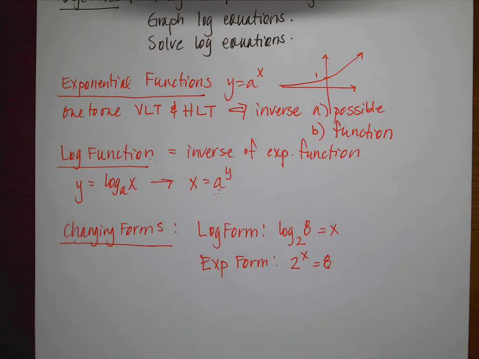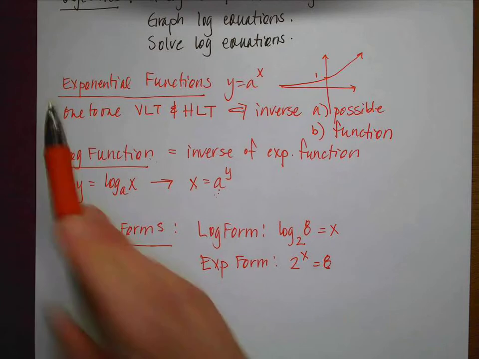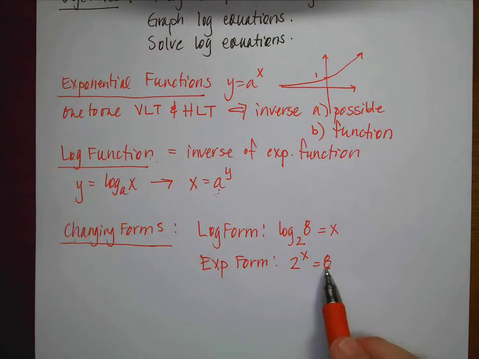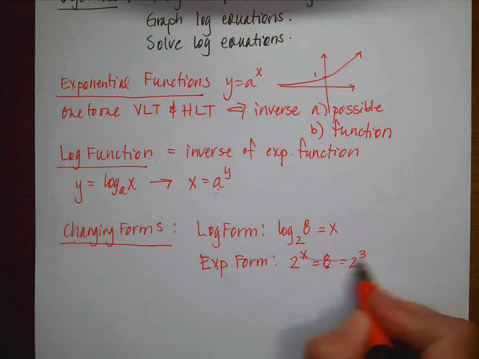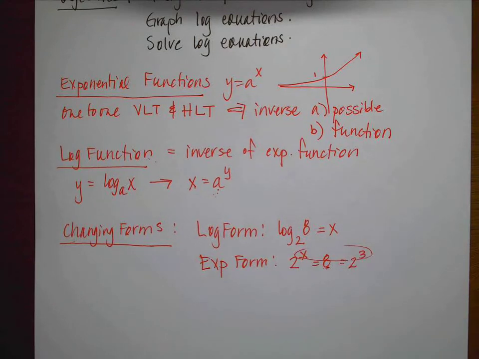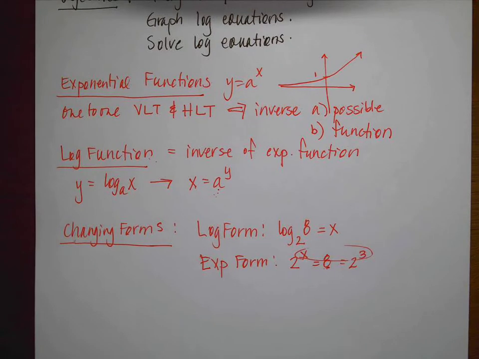Remember that we learned the 1-to-1 property, different than a function being 1-to-1, but the 1-to-1 property would allow me to solve this because this is then 2 to the third, and then I would get x is equal to 3, the baby equation at the top. But we will spend a significant amount of time bouncing between these two particular forms of the equation.